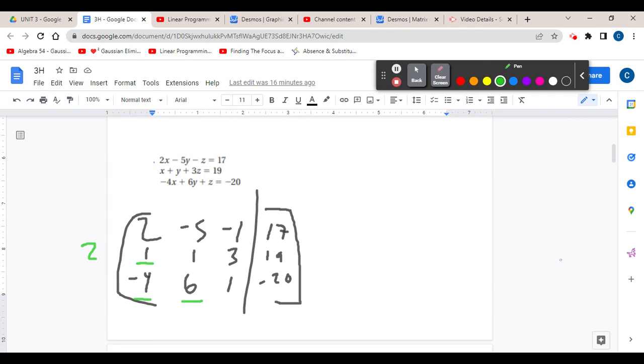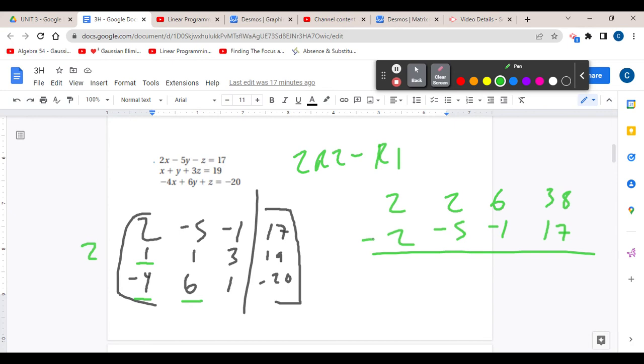Okay, so what we'll do is 2 row 2 minus row 1. So multiply row 2 by 2. So we have 2, 2, 6. 19 times 2 is 38. Row 1, we have 2, negative 5, negative 1, 17.